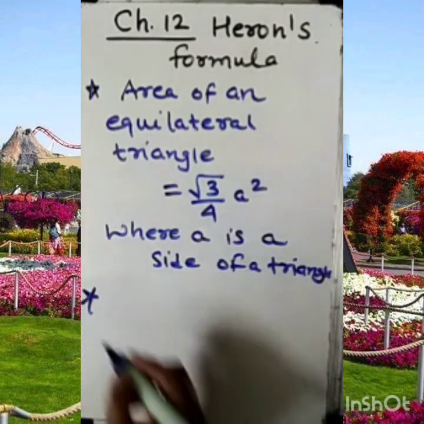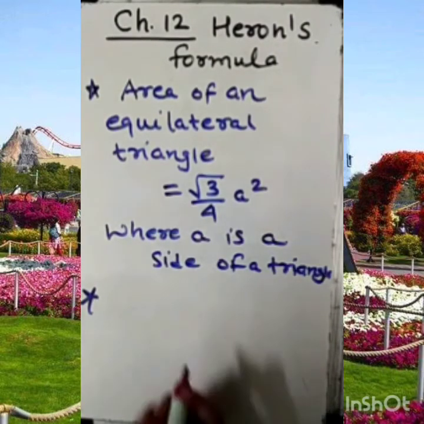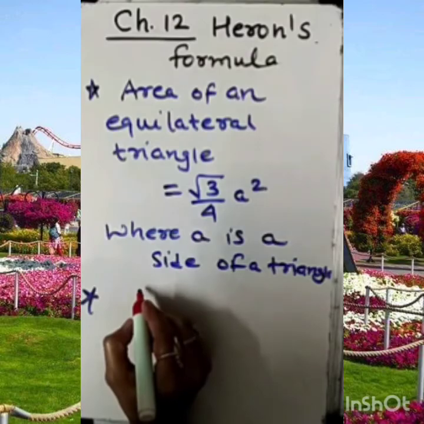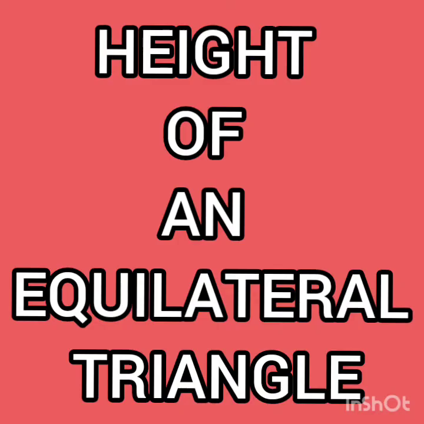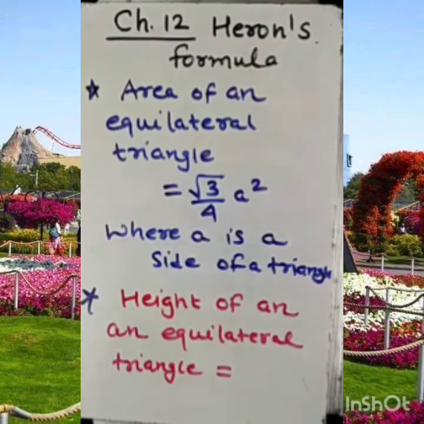Then I am introducing one more formula along with that. If you want to find the height of an equilateral triangle, then which formula do we need to apply? Please keep this formula in your mind, dear student.